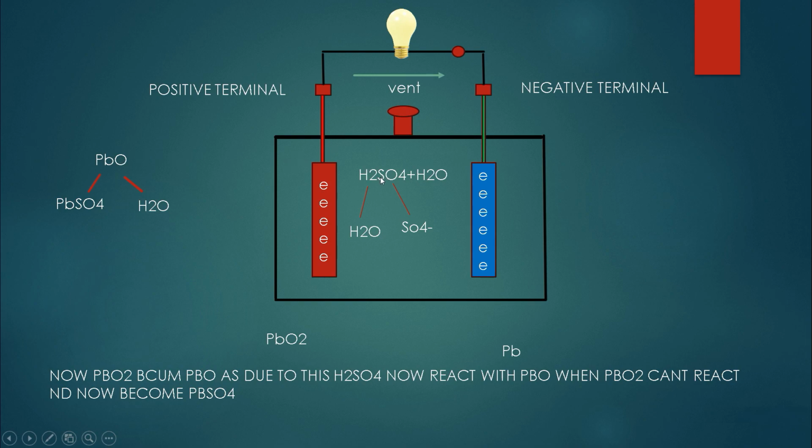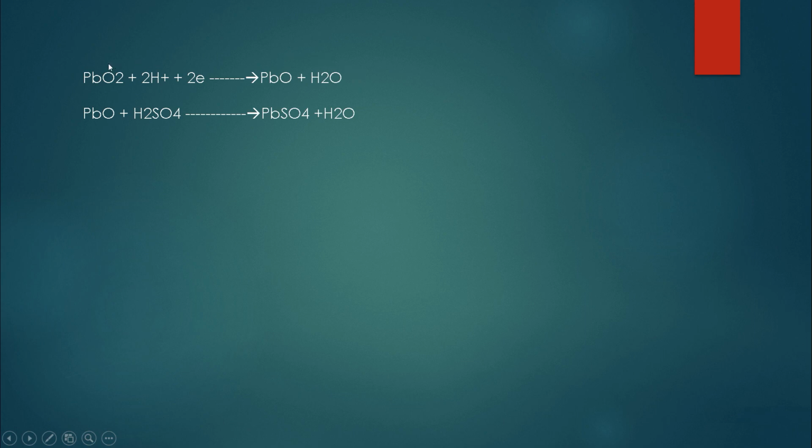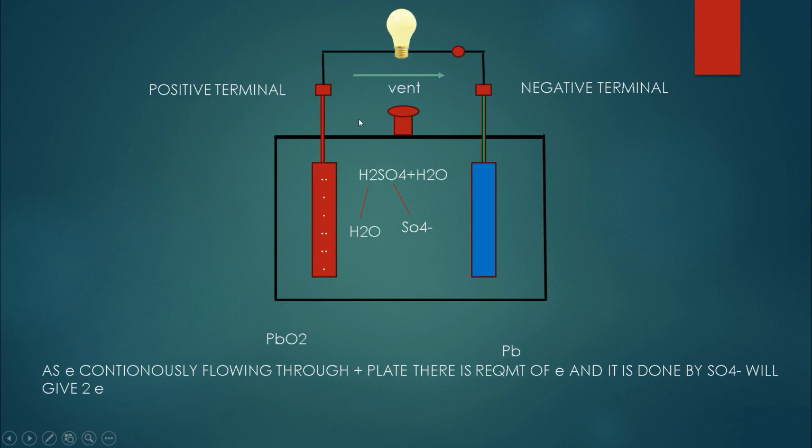So this H2 will react with O and form water, and this SO4 will react with Pb and form lead sulfate. Once this reaction takes place, it forms a white crystal on this positive plate. Due to this reaction, the electrolyte solution gets diluted and turns more into water. This is the chemical reaction during the discharge cycle.